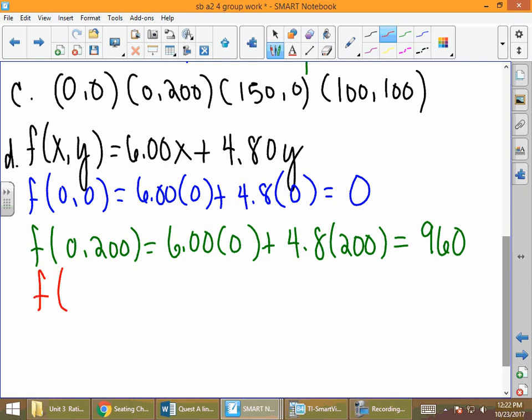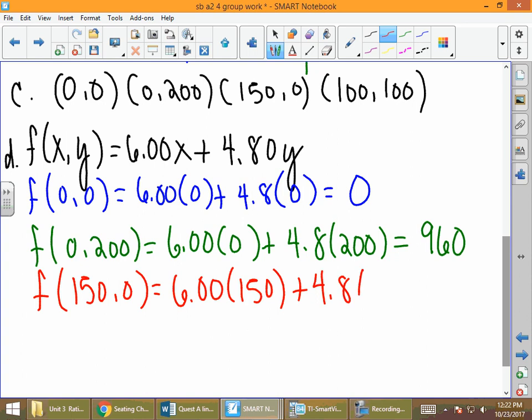We have f of 150, 0, which is going to be 6 times 150 plus 4.8 times 0. And 6 times 150 is 900.